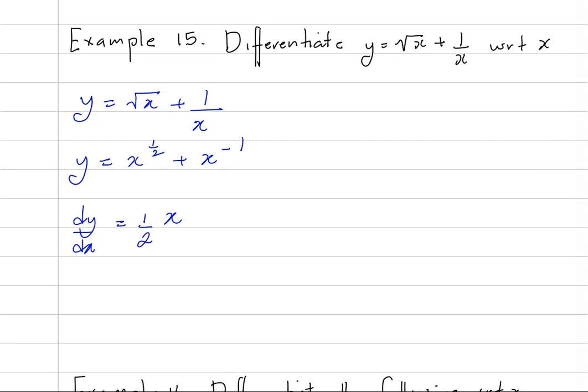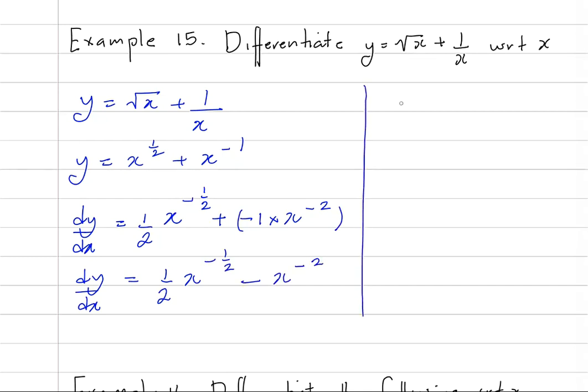Now a half minus 1 is minus a half, so this is minus a half. Now here, the power comes to the front, so let's spell it out. Minus 1 comes to the front, so it's minus 1 times x, and the power decreases by 1. So minus 1 minus 1 is minus 2. So dy by dx would be equal to a half x to the minus a half minus, because a positive times a negative is a negative, x to the minus 2.